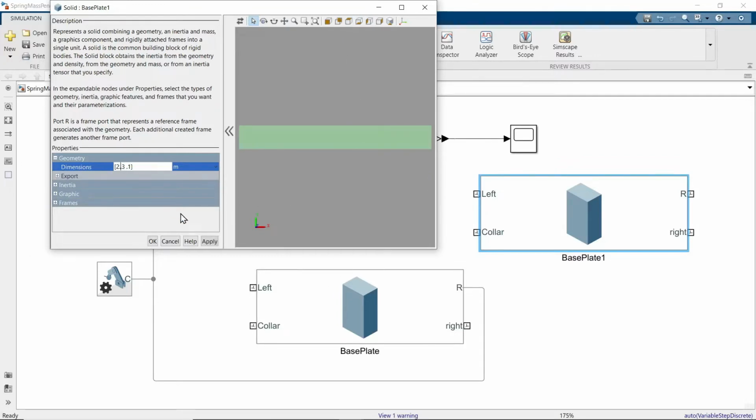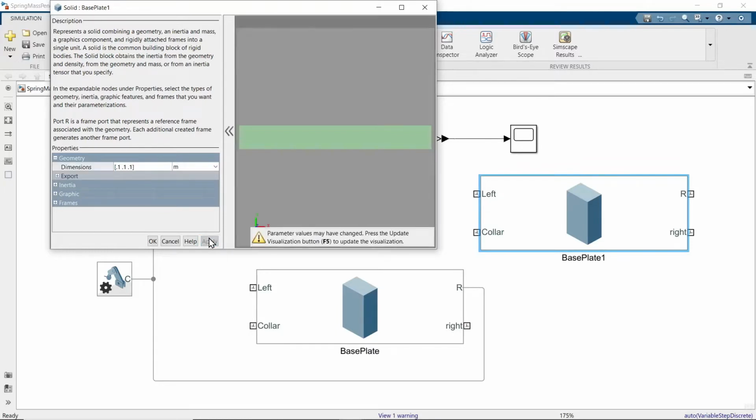So the stop, we'll make it 0.1 on the X, also 0.1 in the Y. So it comes to the center. We can make it 0.1, 0.1, 0.1. Make it a cube. Select apply and F5.